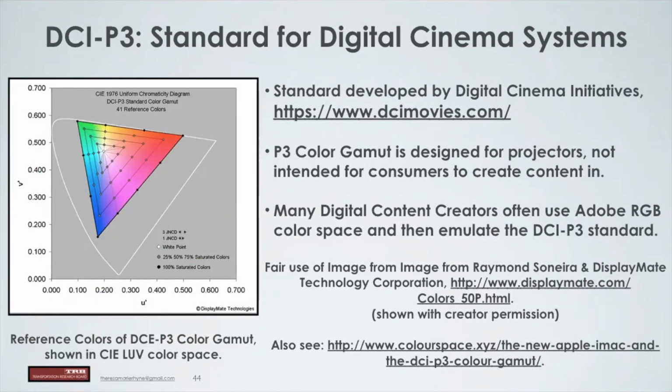You're making a movie, you're Hollywood, Disney, the people who make those movies. They create in the Adobe RGB color space, then they put in an emulator for the DCI-P3 standard. In other words, they create it and hope it's going to look good on the phone, especially when Apple TV hosts. My friend Raymond Soneira does all these calculations, and this is his work.